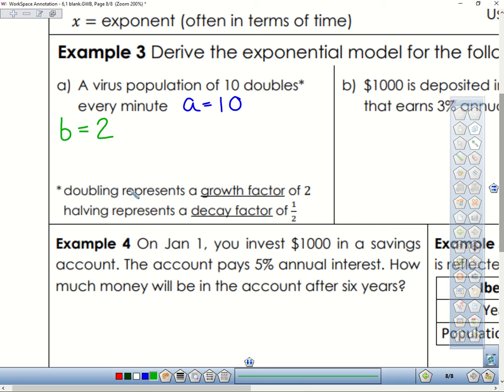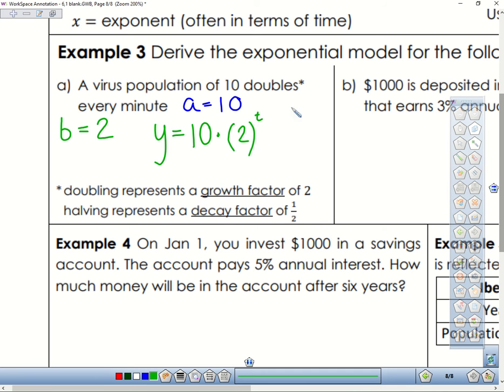So your B value is going to be 2, because it's doubling. If it were decaying, halving represents a decay factor of 1/2. So how you would set this function up is y equals a times b, and you can either put it to the x or to the t.